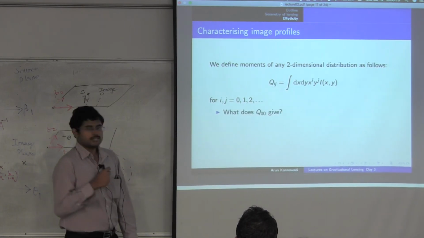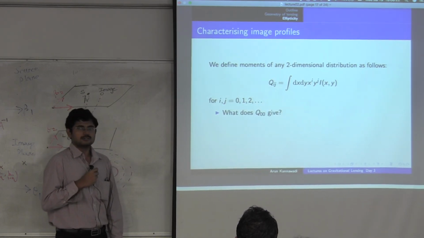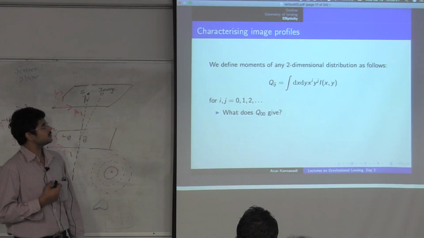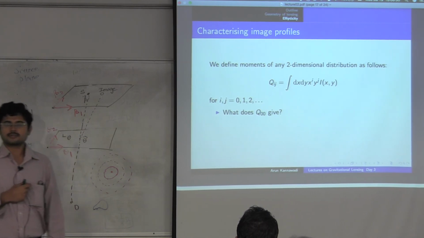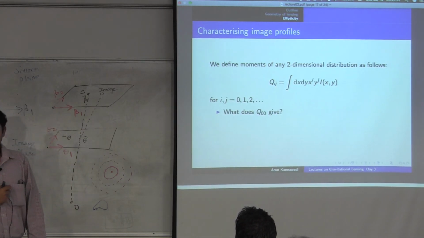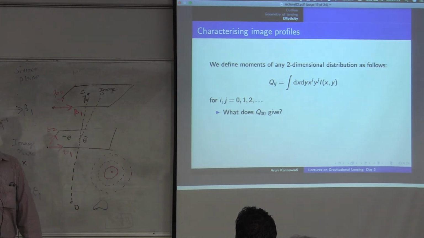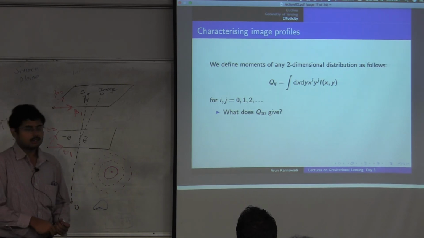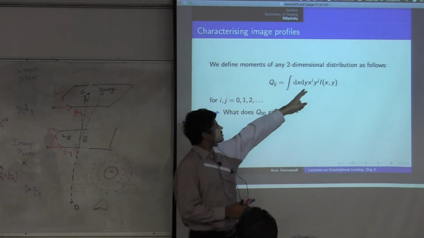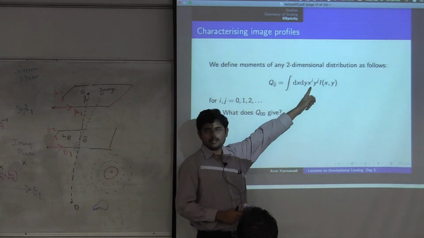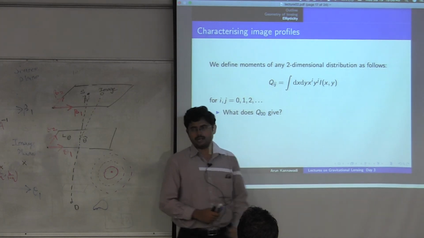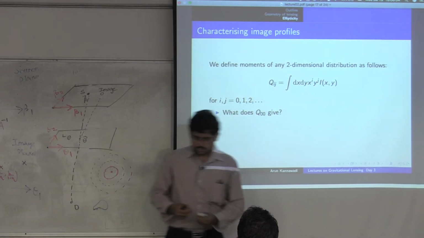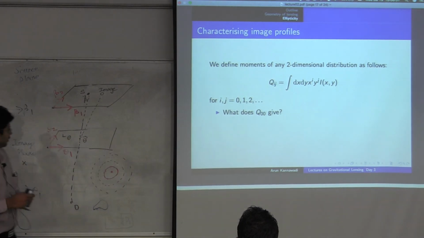So under this definition, what is Q00? What does Q00 physically represent? Yeah, but if you evaluate that expression. What's I? It's some number or some constant, and you raise x to the power i. Oh, sorry, that's the image pixel value.